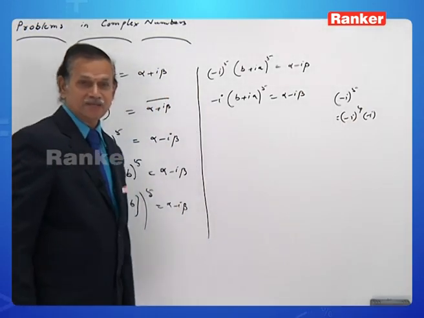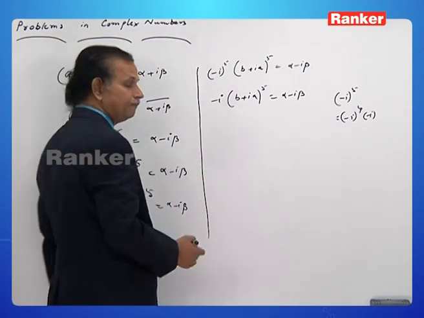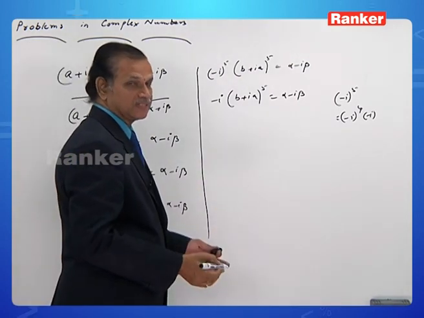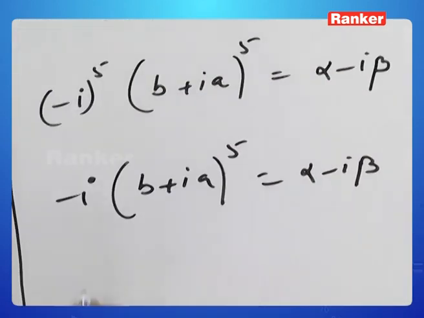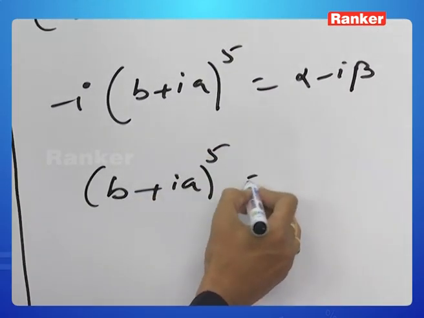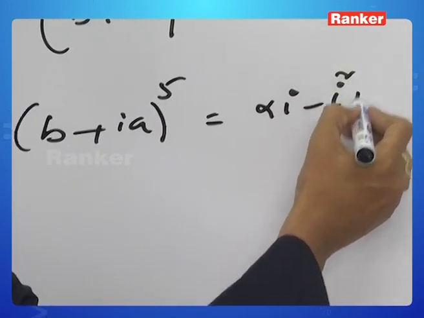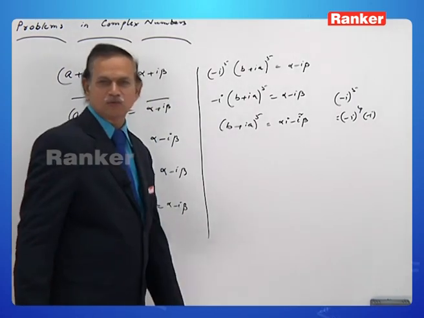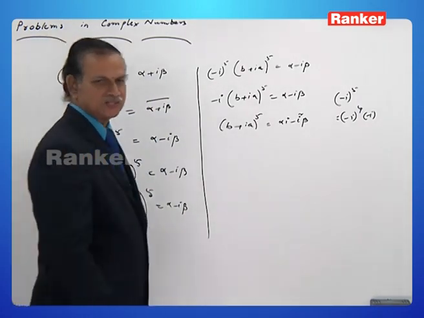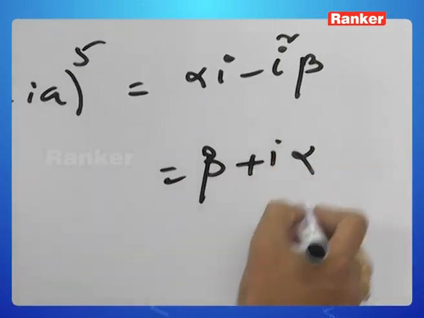Now, let me multiply with i on both the sides. What happens? i into −i is −i², and −i² is 1. Therefore, LHS becomes (b + ia)^5 = αi − i²β. What is −i²? It is 1. Hence, it is β + iα.